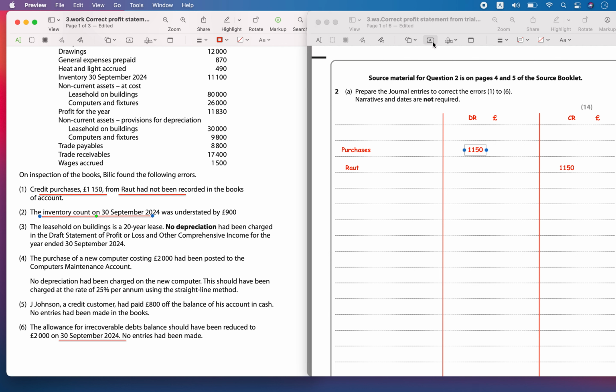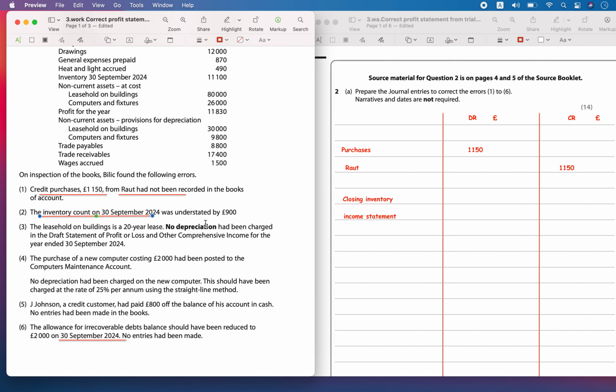So let's put that: closing inventory, and then we have the income statement. These are the two accounts that are going to get affected.